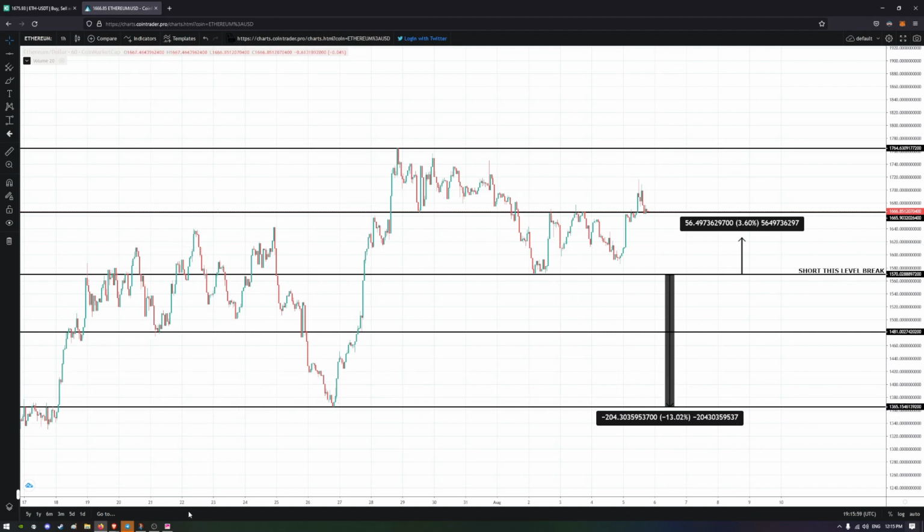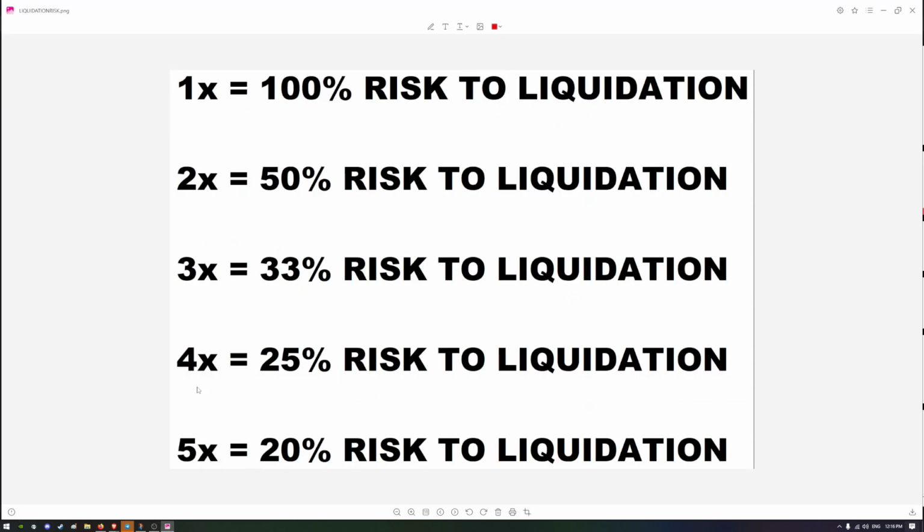Now we're going to look at the risk factors for liquidation. This applies to longs or shorts. I'm just giving you a quick rundown of how much leverage you can use and what that equates to for your risk to liquidation. The risk to liquidation means how far the price would have to move. For a 1x trade, you're not using any leverage in a short, but you're still shorting, so you don't have any of the coin you're trying to trade.